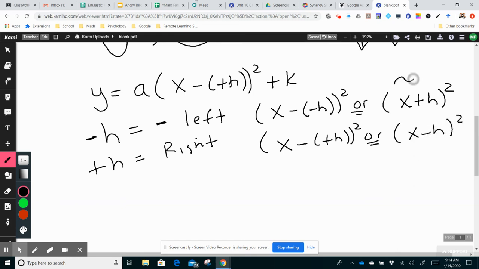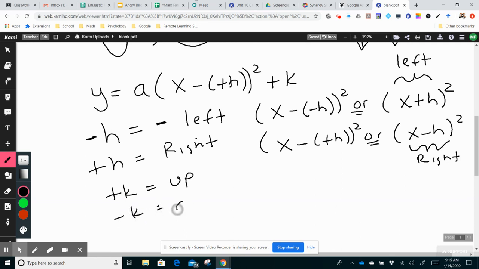So if we see this one, we're going to move left, however many h's. If we see this one, we're going to move right, however many h's. Now, k is the up and down. If we have a positive k, it's going to move up, and if we have a negative k, it's going to move down.